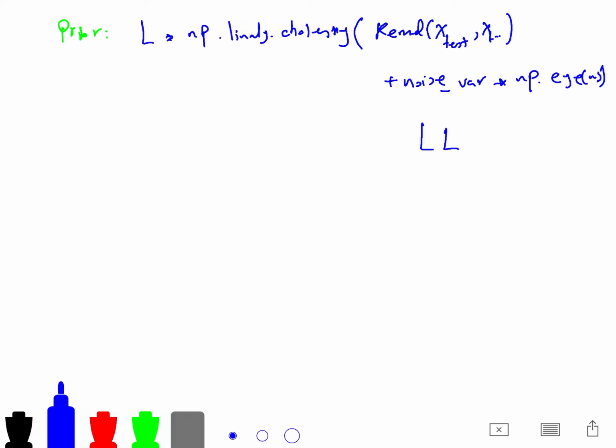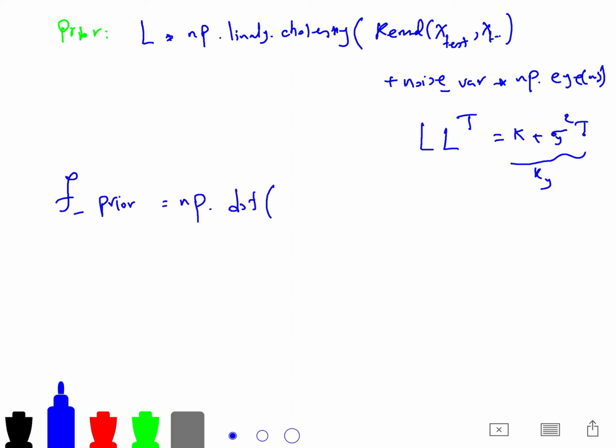So here we say that LL transpose is equal to K plus sigma y squared I, and this is KY. So you can write your prior, f prior, to be the dot product of L, which is an n by n matrix, and your normal variable, np.random.normal, and you know that the normal needs a variable which is size.